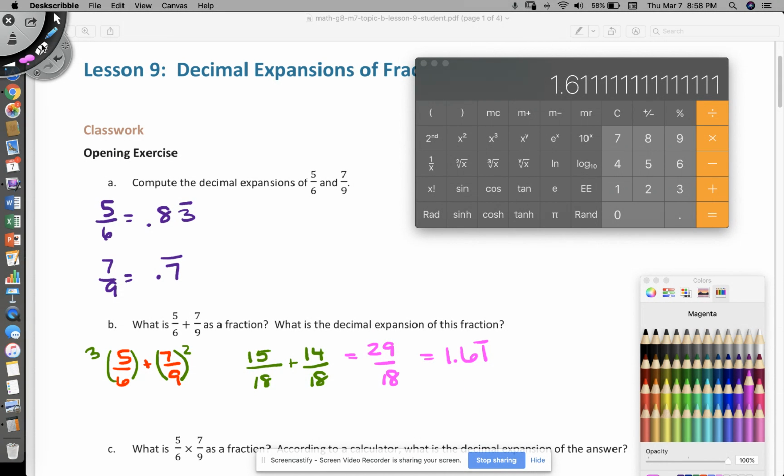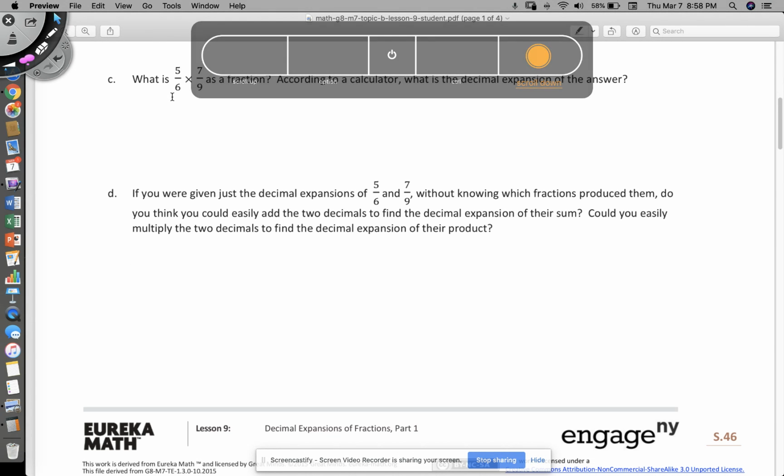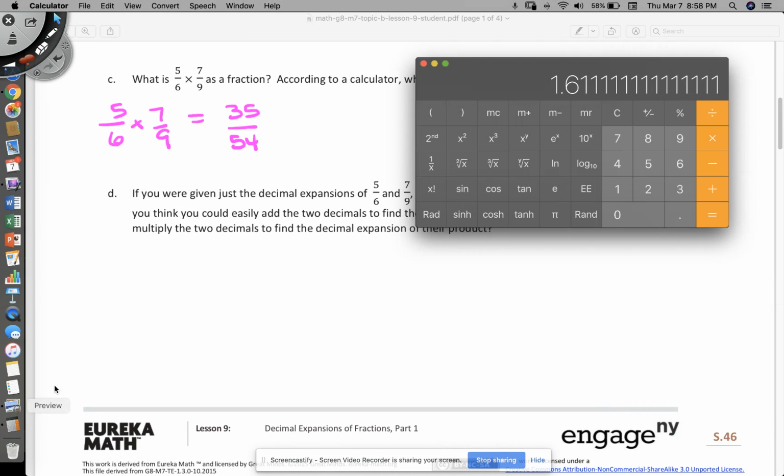Now we're going to look at these fractions and multiply them. So we're going to say 5/6 times 7/9. Check your diagonals. Nothing can be canceled. So we're going to say equals 35/54, and that's just multiplying straight across. Take my calculator.